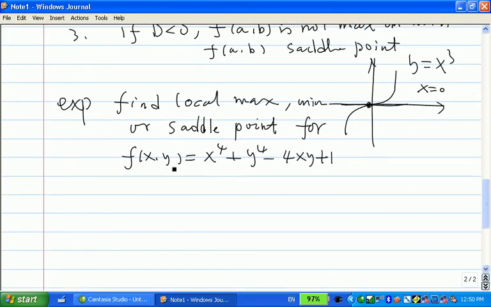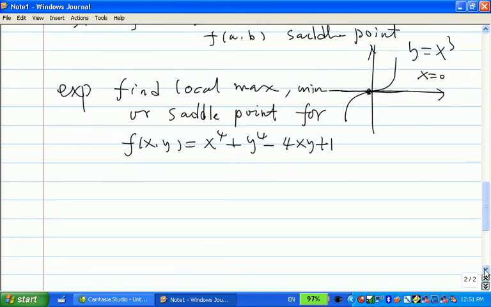Now I give you f(x,y), that means I give you a surface. Now we want to find the local maximum, local minimum, and the saddle points. Remember how we find those? To find the local maximum and local minimum, we need to find the two partial derivatives and set them equal to 0, right?